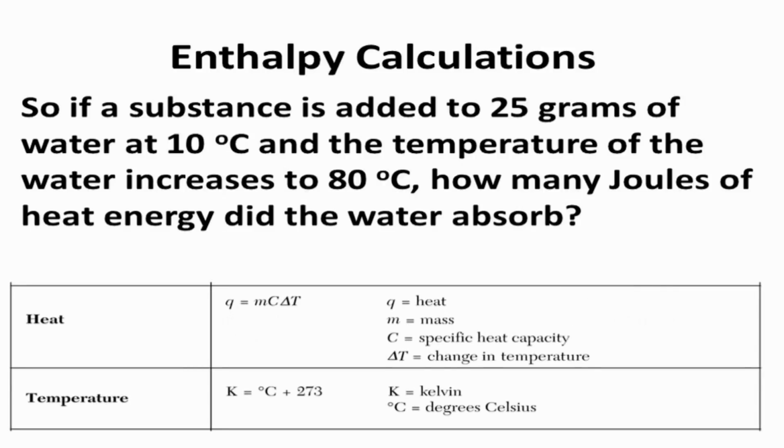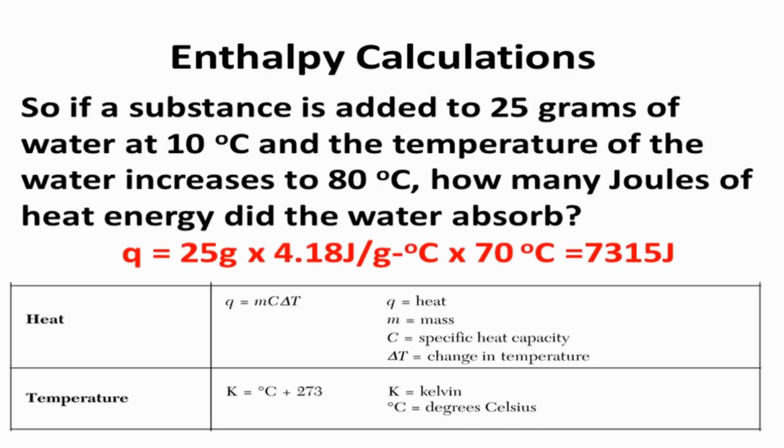The formula to use to determine the amount of enthalpy transferred is found on Table T in the heat section. The formula q is equal to mc delta T should be used to determine the amount of heat energy transferred or absorbed. Now input the data into the formula and multiply.